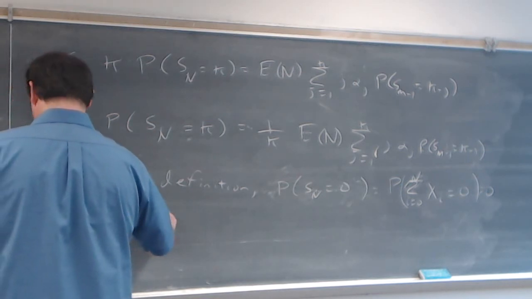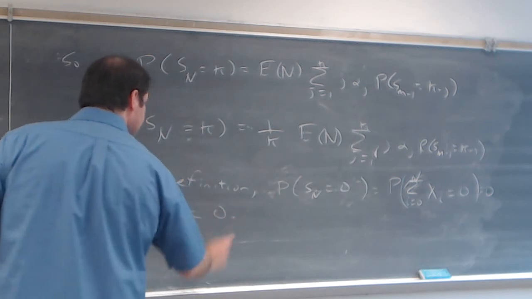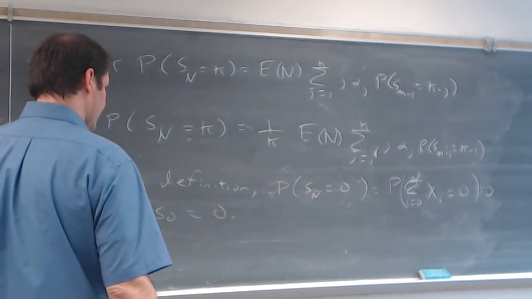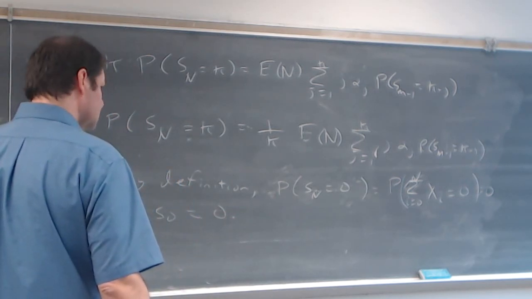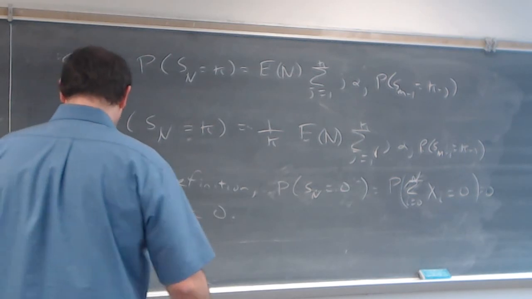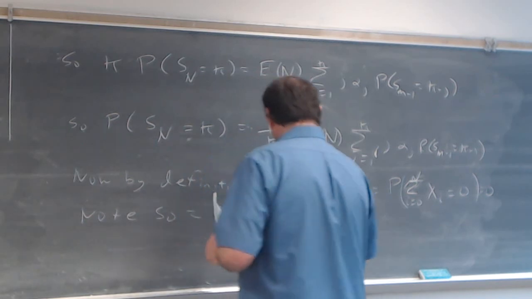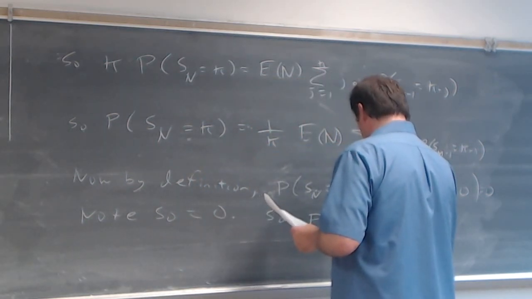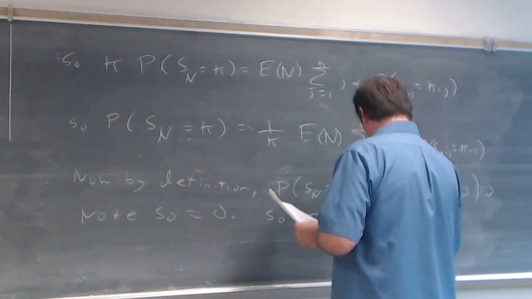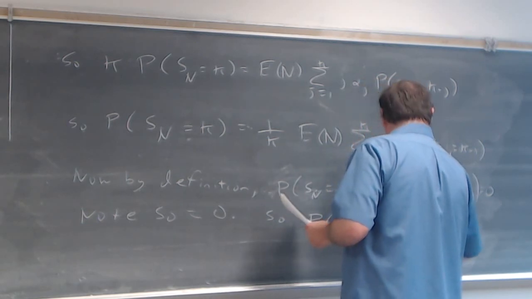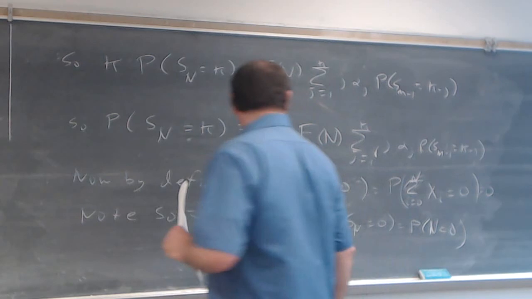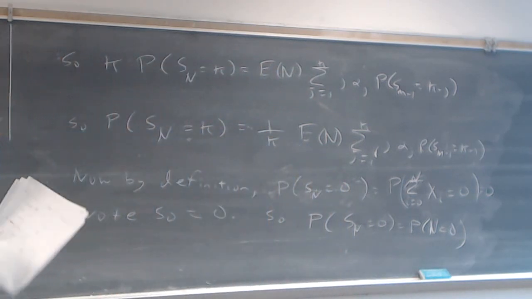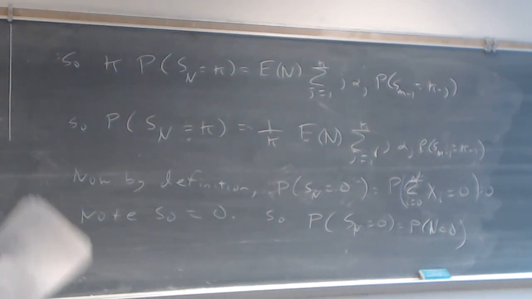Note, S of 0 is equal to 0. So, the probability that S of n equals 0 is equal to the probability that big N is equal to 0. And that ends the proof.